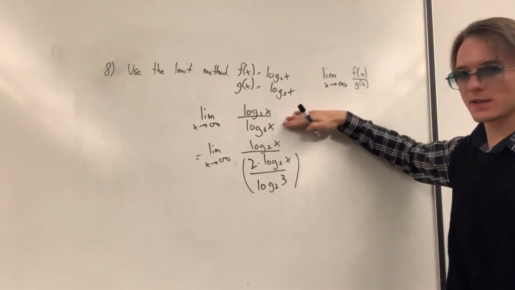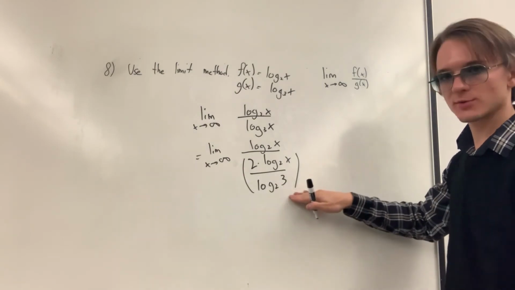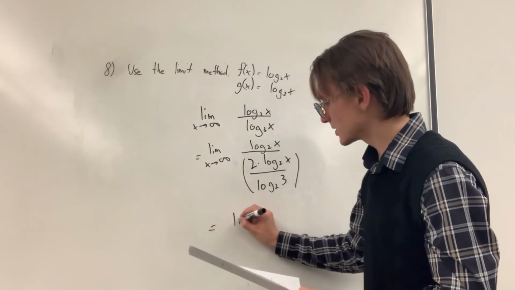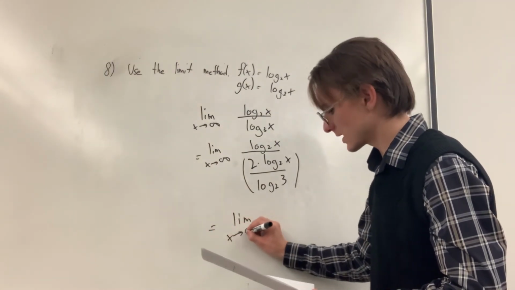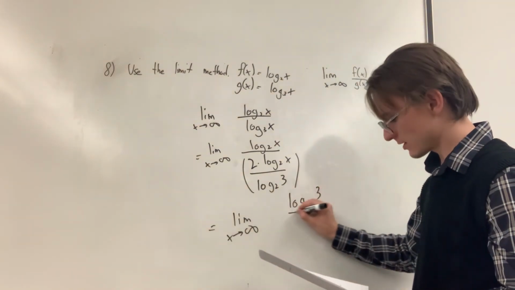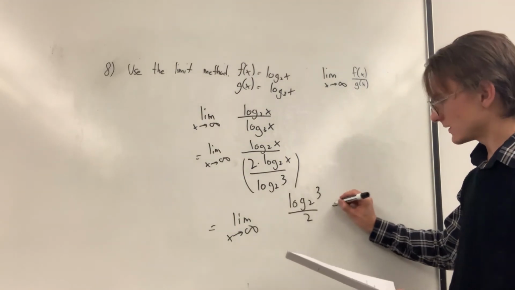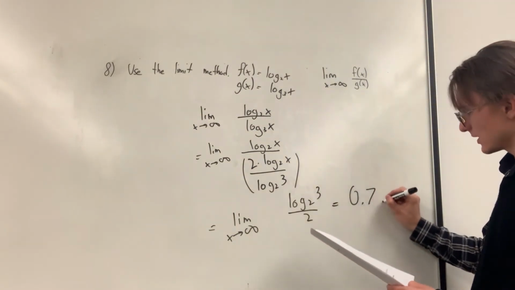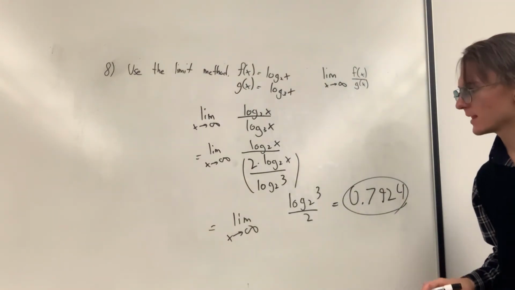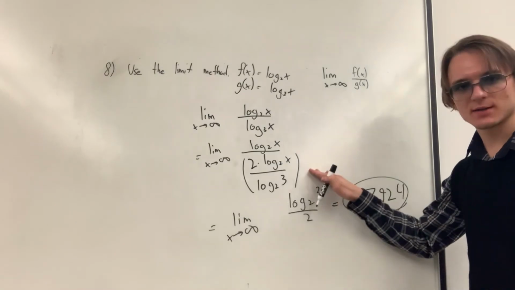So this log base 3 x becomes log base 2 x all over log base 2 of 3. All right, so from there, this is just equal to the limit as x goes to infinity of log base 2 of 3. And if we did the math here, we would get that this is equal to 0.7924, which would be our solution. And how did I get this? Well, you're just gonna have to trust me here.